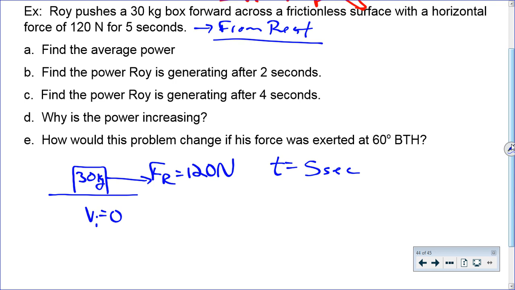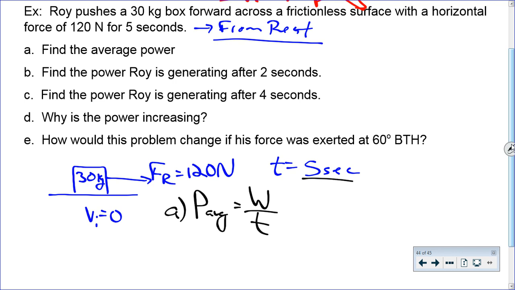All right, so A says find the average power. For part A, the average power is work divided by time.